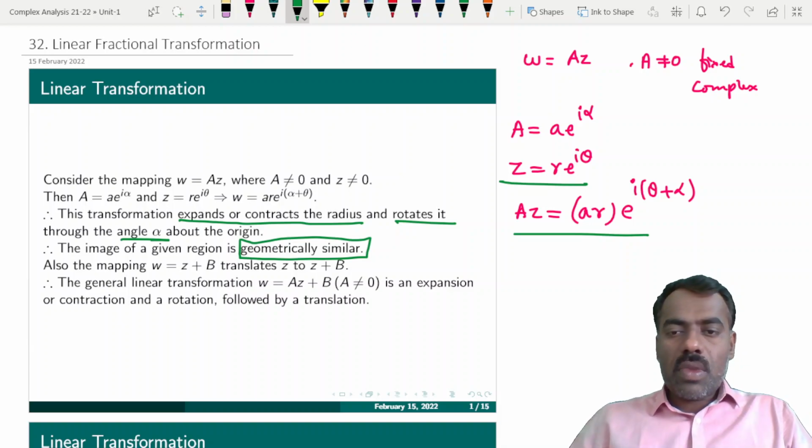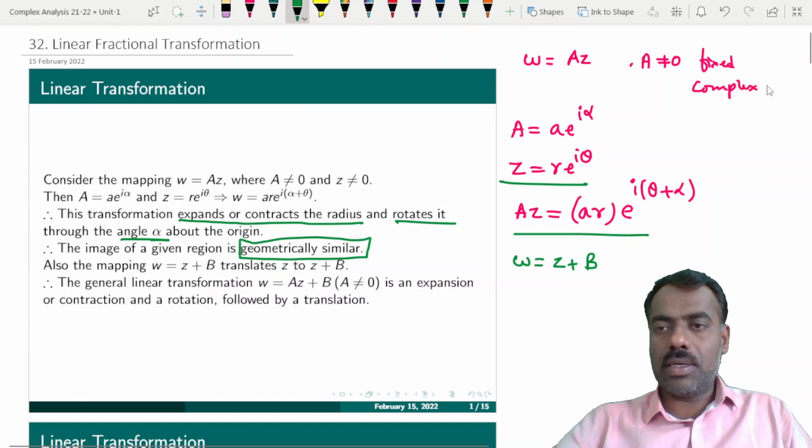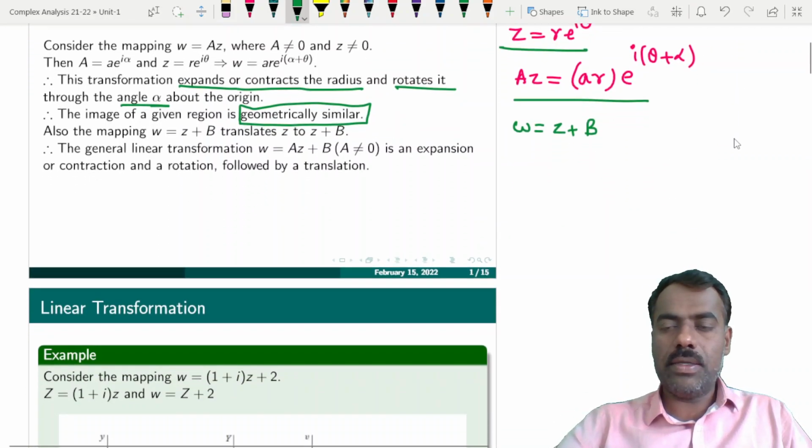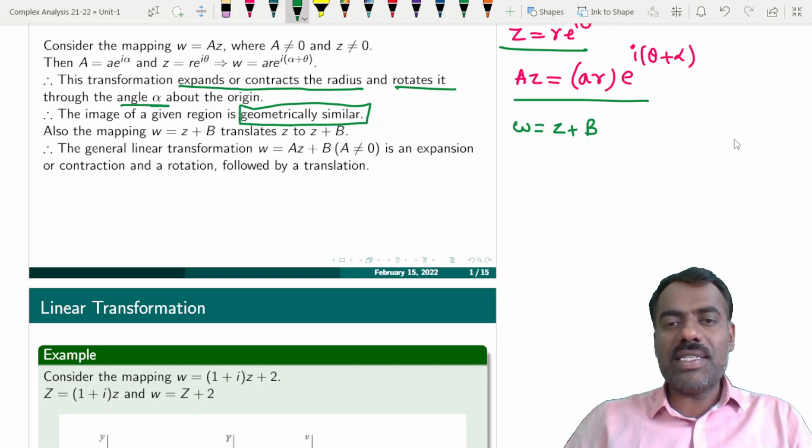Also, another linear map is w equal to z plus b, where b is a fixed complex number. Then one can easily see that whatever shape is there stays as it is, the only thing is it is shifted.